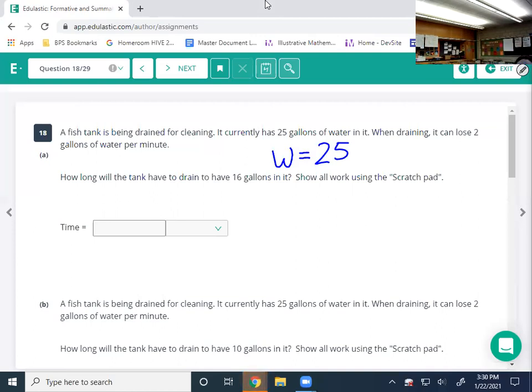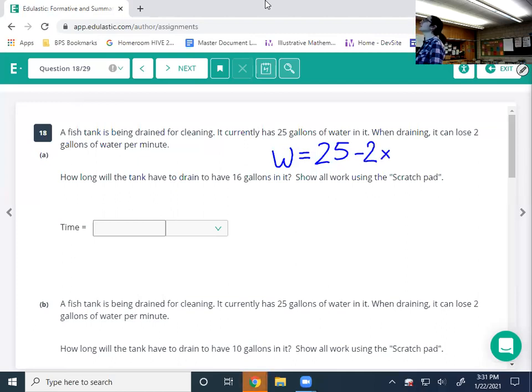Is it going to have a slope of a positive 2 or a negative 2? It's draining, it's losing that water. So yes, very good, Melina. It's going to be a slope of negative 2x.